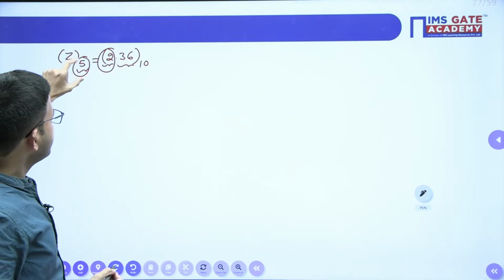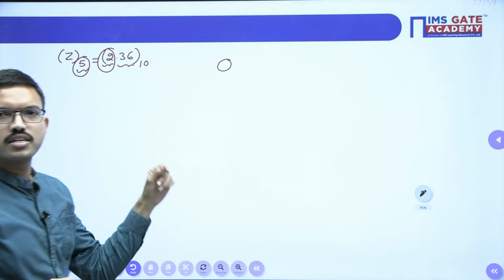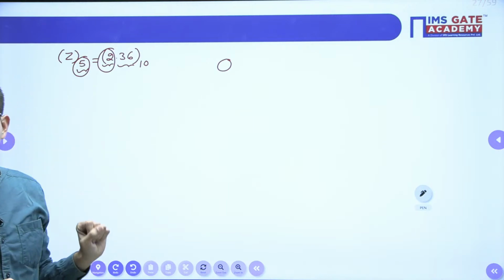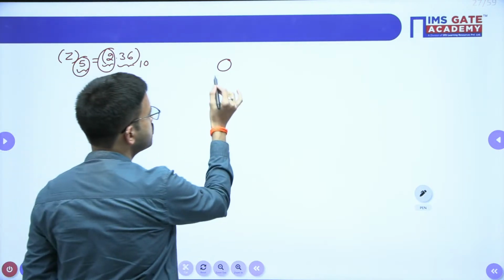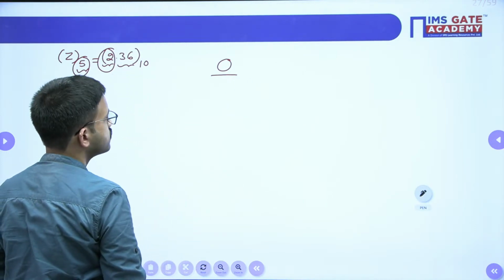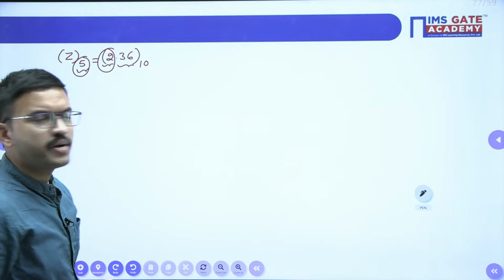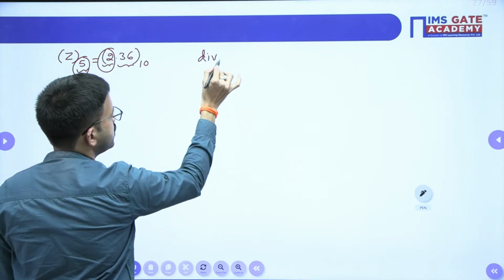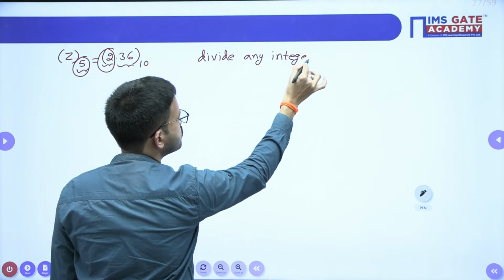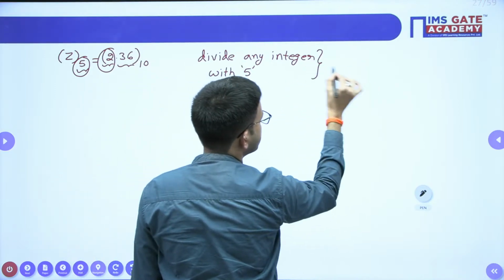If you are performing division, consider any integer number, and if you divide that number by 5, what are the possible remainders you will expect? If you divide any integer by 5, what are the possible remainders you will get?